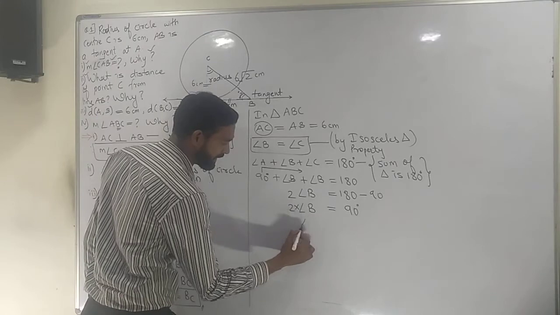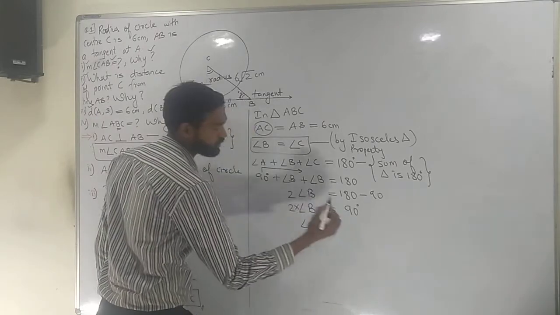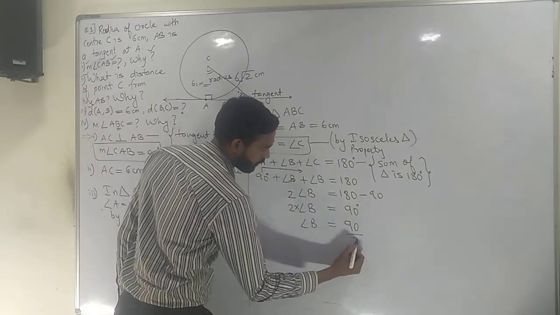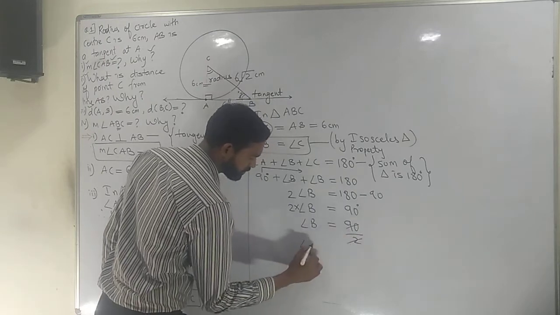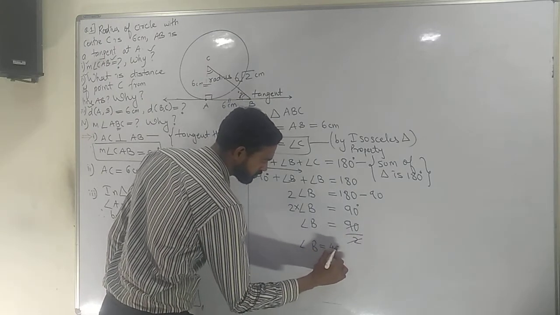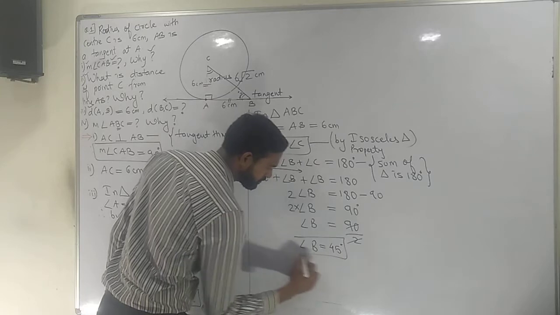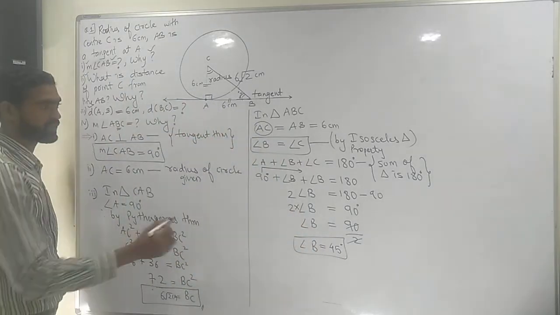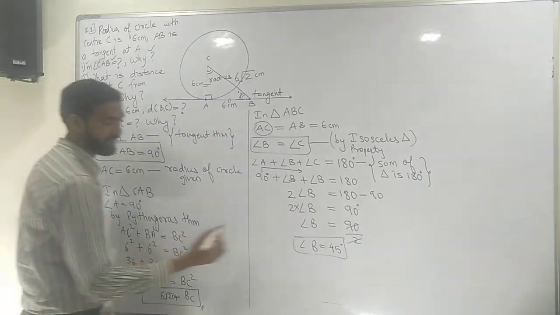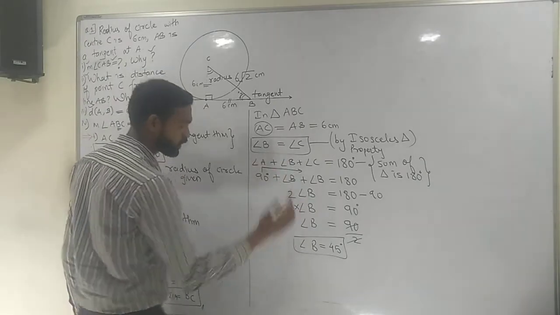This 2 is multiplying, so we'll shift this 2 to that side. So 90 upon 2. Divide this, and you will get angle B equal to 45 degrees. Clear everyone?